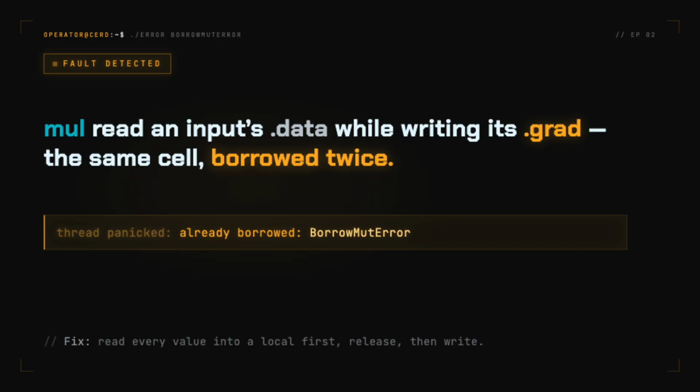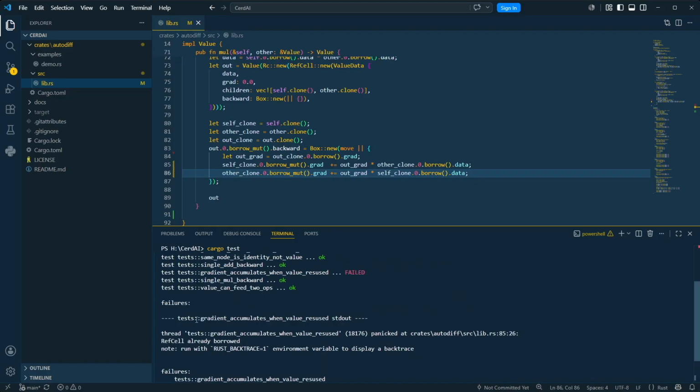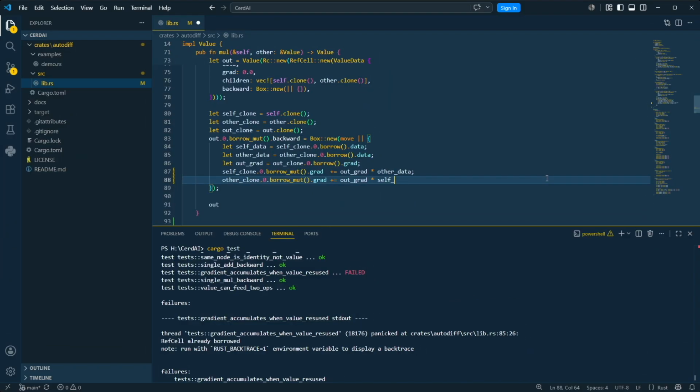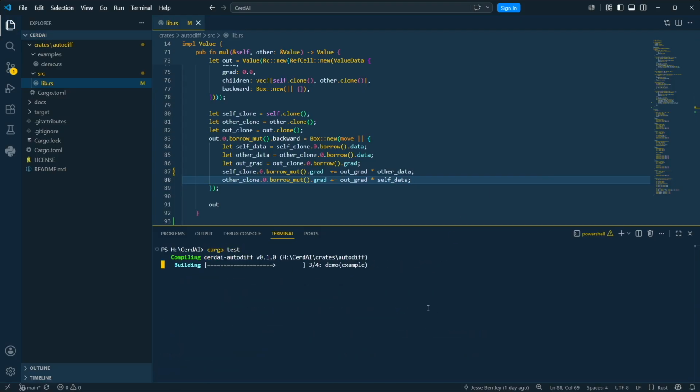You just have to read all the values and put them into plain local values first, which lets go of the borrow, and then you do the writing. That's the trade with RefCell as far as I can tell. You get the power to change a shared node, but the safety net moved to runtime.